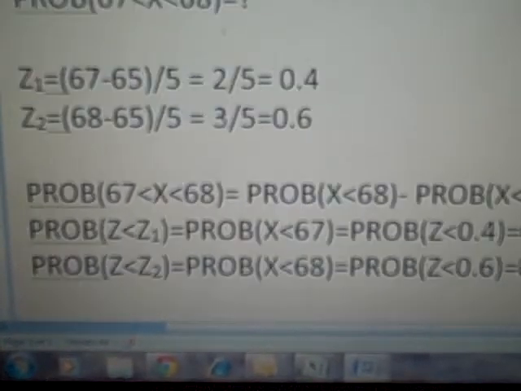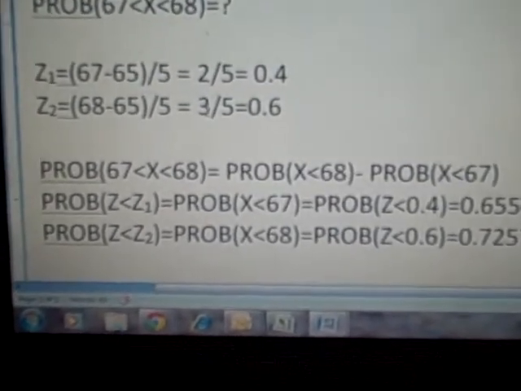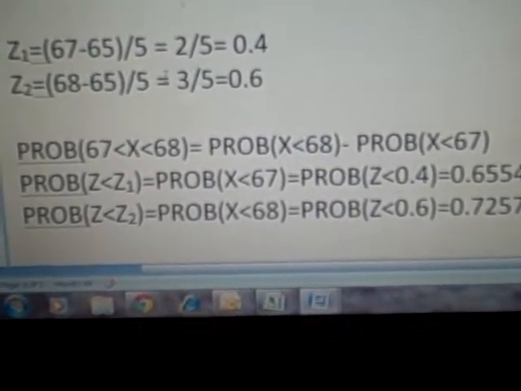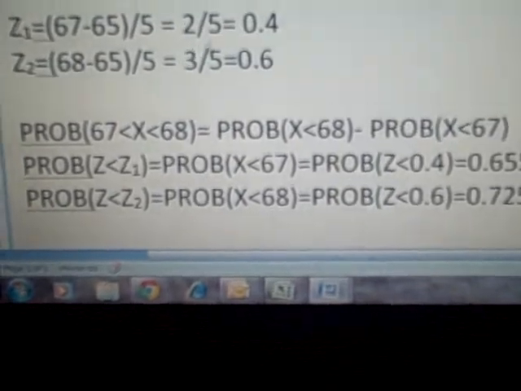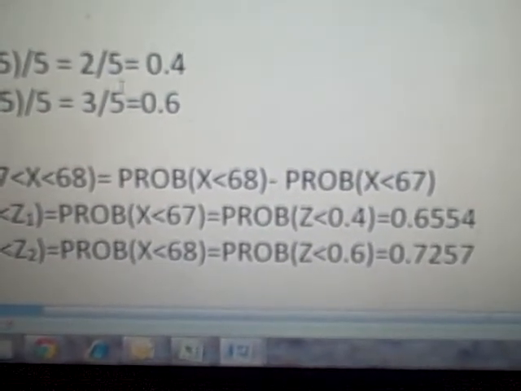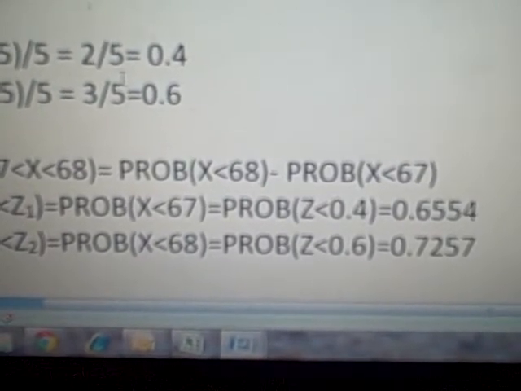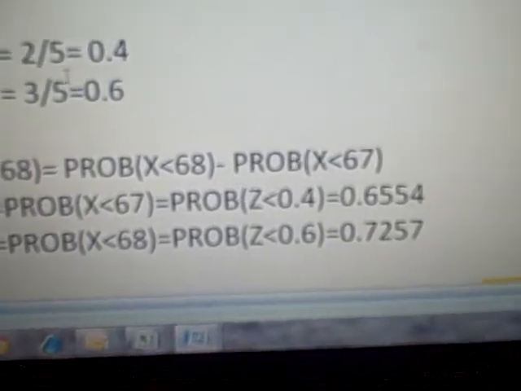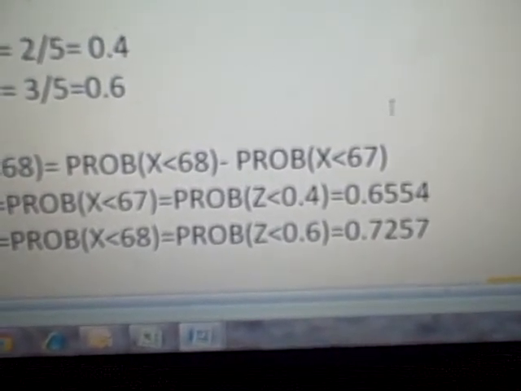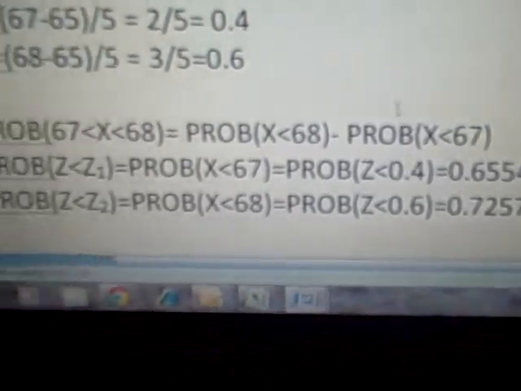And we want to find the area between 67 and 68. The way we're going to do that is we're going to calculate the area less than 68, the probability that someone is shorter than 68 inches. And from that, we're going to subtract the probability that someone is less than 67 inches, and that's going to leave us with whatever is in the middle.